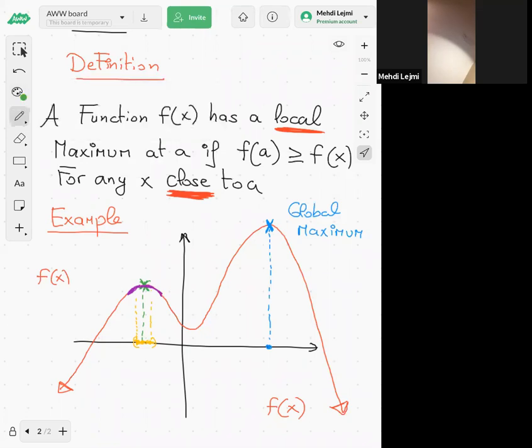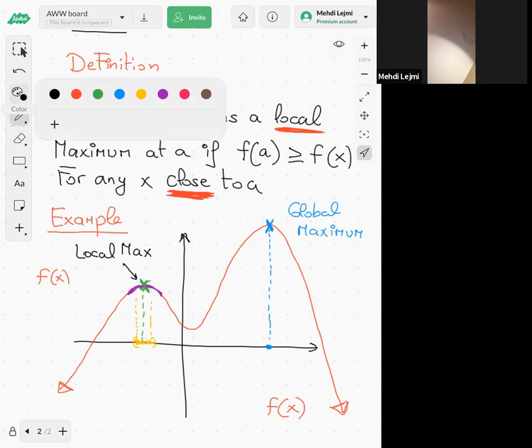So this point is a local maximum, because if you take a small neighborhood of the point, the green point is the highest point. That's why it's called local.